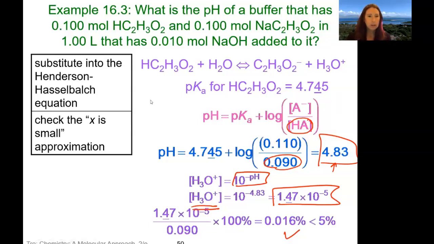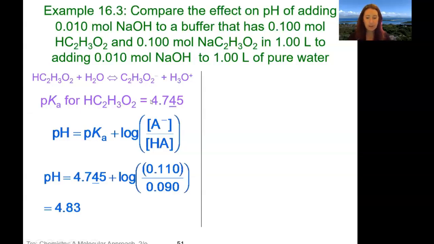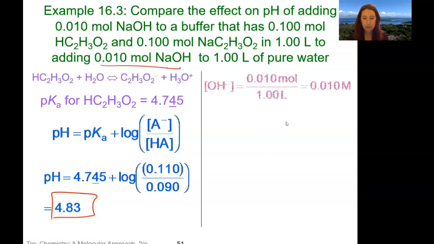So let's look what happens if we have an acid. So here's the one we just did, right? But what happens if we just had NaOH? Look at the difference in the pH. So here in this case, we added 0.01 moles of NaOH to our buffer.